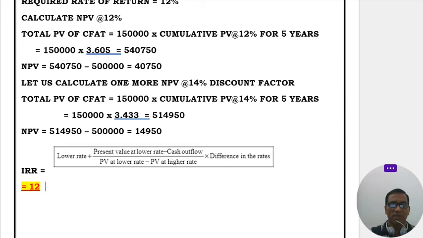So 12% plus, PV at lower rate means at 12%. What is the PV?